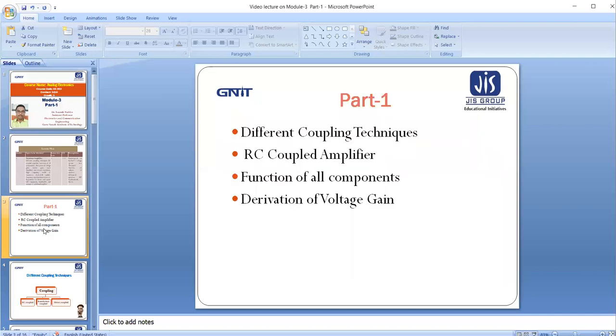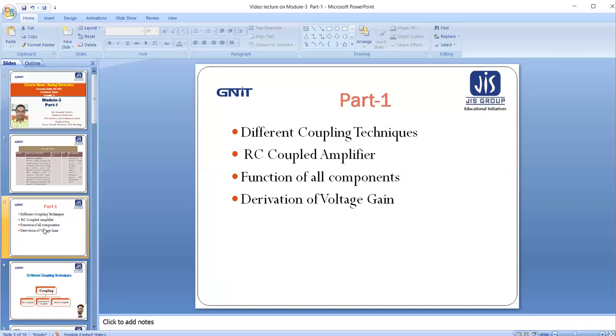However, we will concentrate on part 1 of this module 3. I have divided the entire module 3 into 3 parts: part 1, part 2 and part 3. In part 1, I have included the topics as different coupling techniques, RC coupled amplifier, function of all components and derivation of voltage gain.